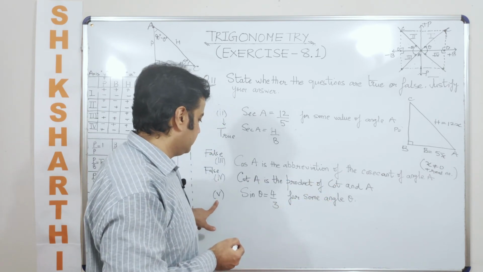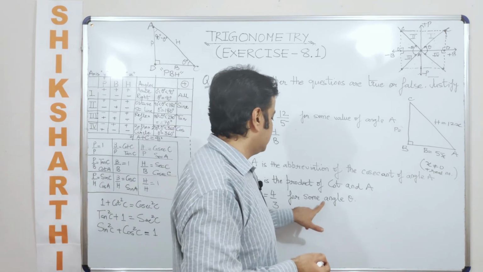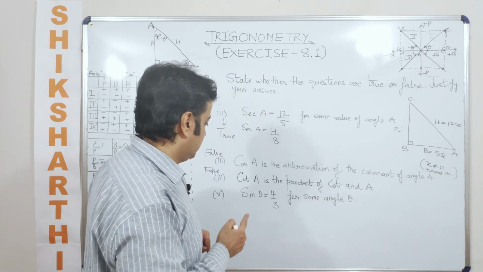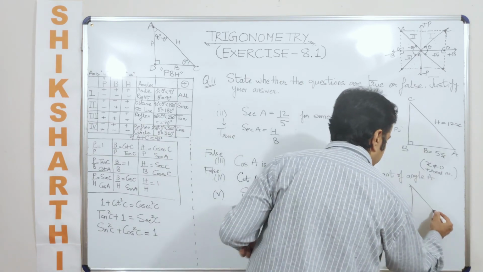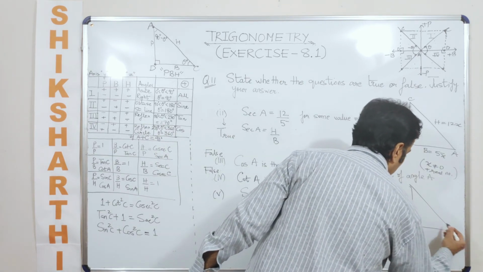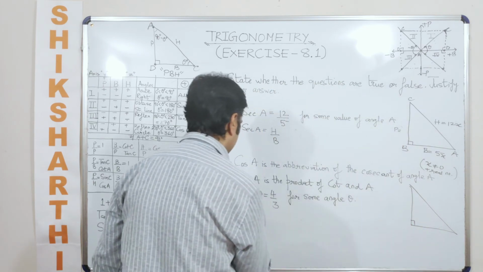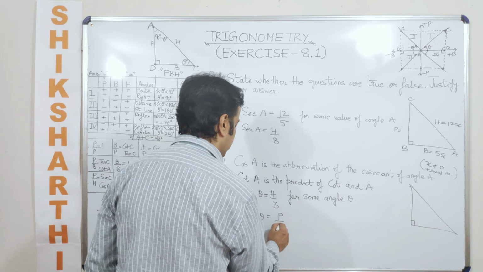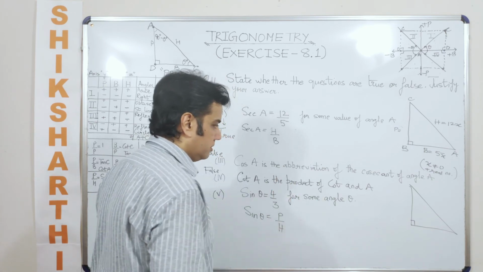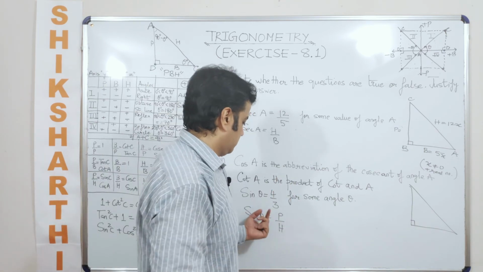Last we are talking about is sine theta is equal to 4 by 3 for some angle theta. For this also we need to understand with the help of a triangle. Now if I take a triangle and I know that sine theta is equal to perpendicular upon hypotenuse.